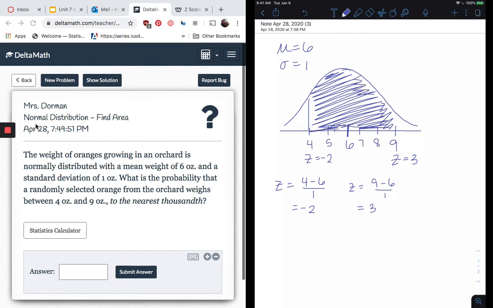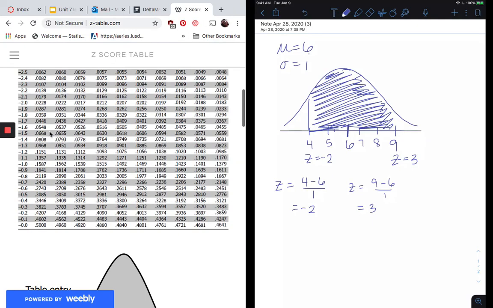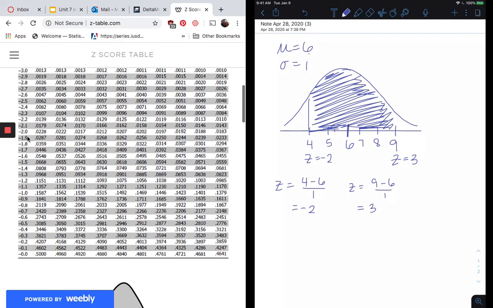Okay, so I already have my z-scores. And then I'm going to go to the table and look up the percent, or the decimal, for a z-score of negative 2. I'm going to go up to the negative z-scores, and negative 2 is right here. I just want negative 2.0 because it's negative 2 exactly. So 0.0228.